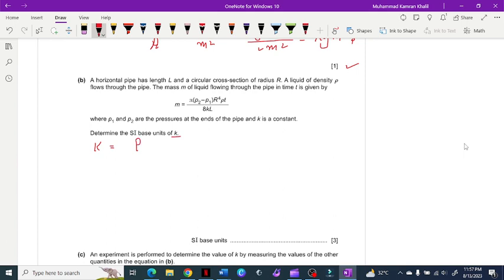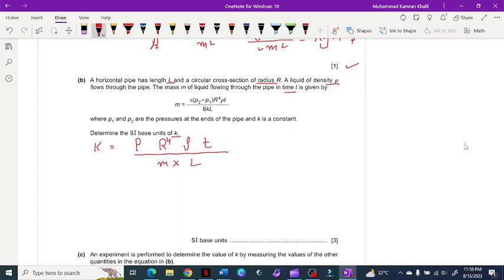So pressure P2 minus P1 is also pressure. Then R power 4, R is the radius, then density, and then T is the time. Always read the quantities and then you will write down their particular units. So divided by M into L.